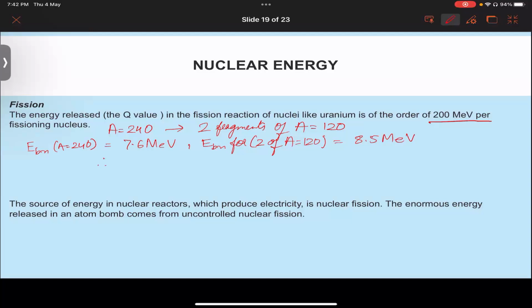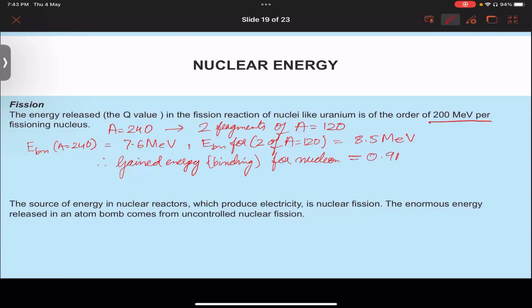Therefore, the gained energy, that is the binding energy for the nucleon, is actually 0.9 MeV.